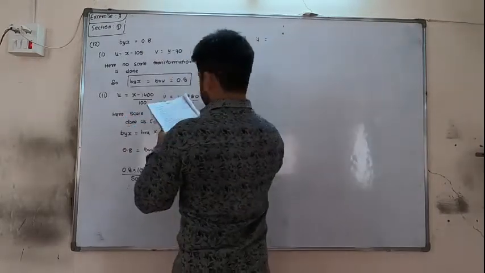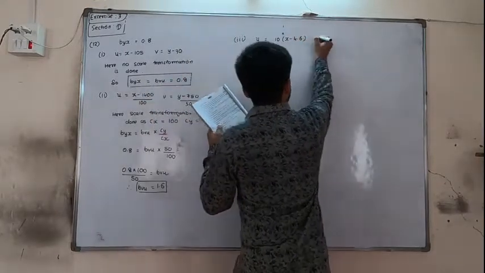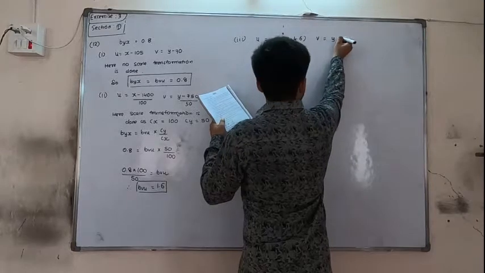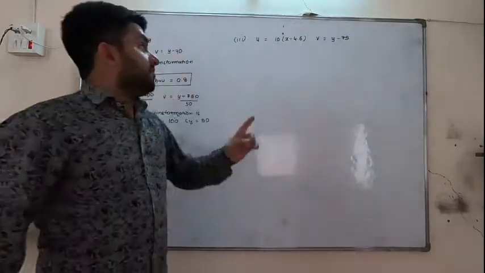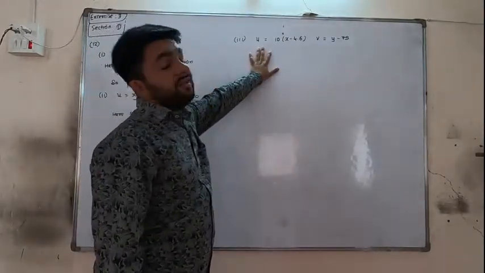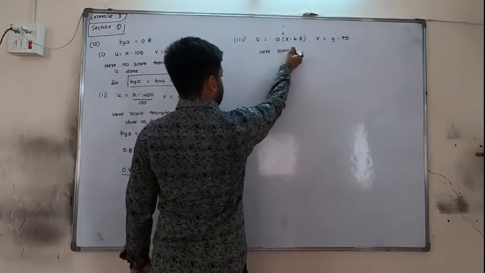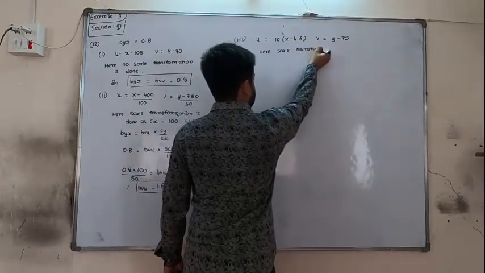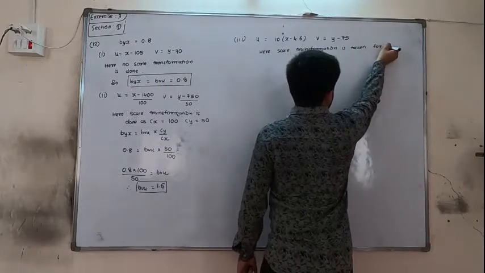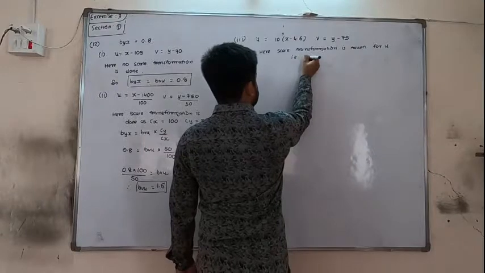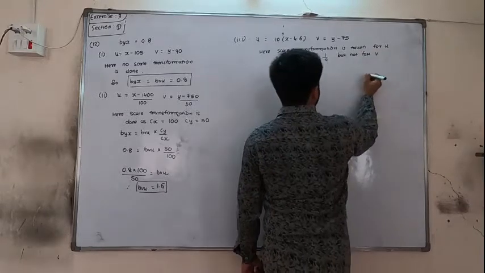Third, u is equal to 10 multiply x minus 4.6, v is equal to y minus 7. Now this thing is very important, that scale transformation is taken for u but not for v. Here scale transformation is taken for u, that is Cx is equal to 1 by 10, but not for v.